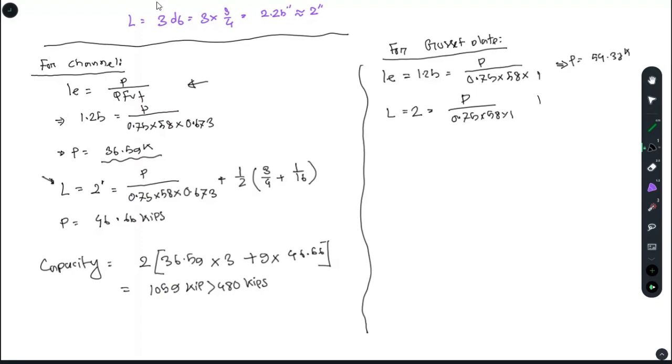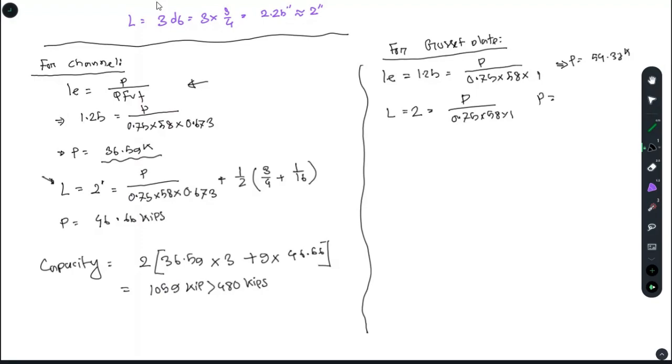0.75, 58, 1, and we have a P value of, let me calculate, 2 times 0.75 times 58.